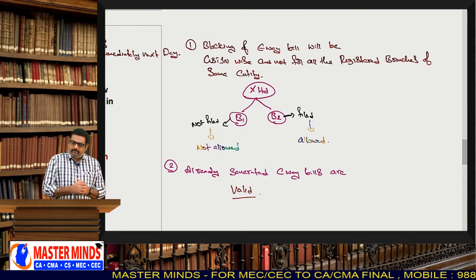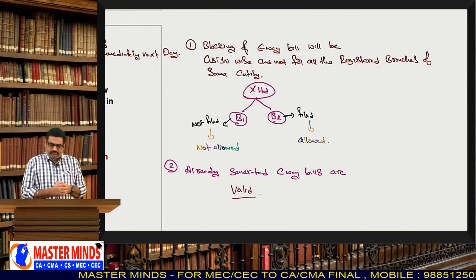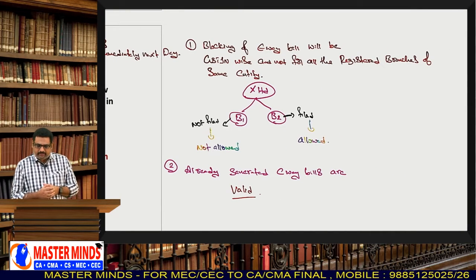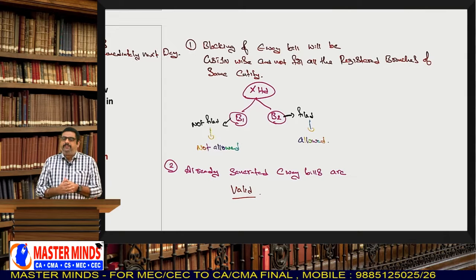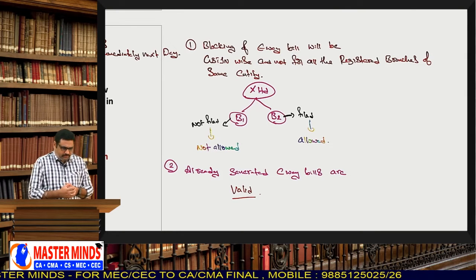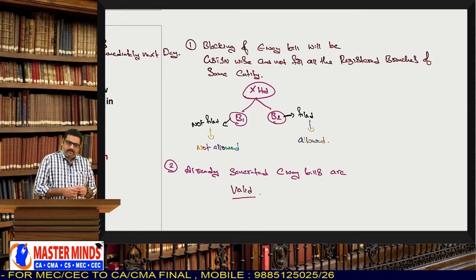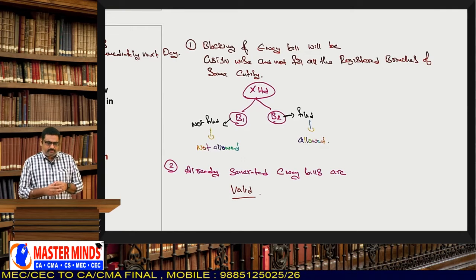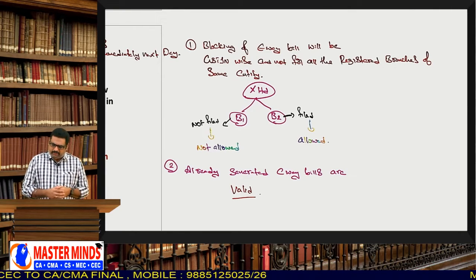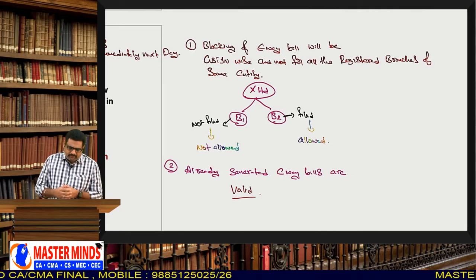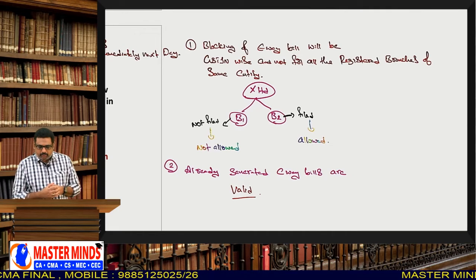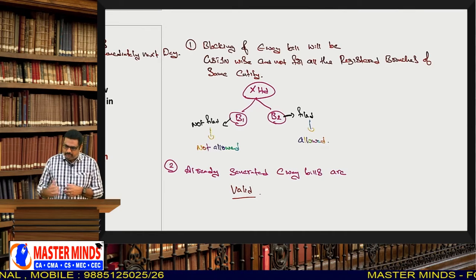Blocking of EWAY Bill will be GST invoice-wise and not for all the registered branches of the same entity. What does this mean? It means, say for example, X Limited is having two branches, branch 1 and branch 2.